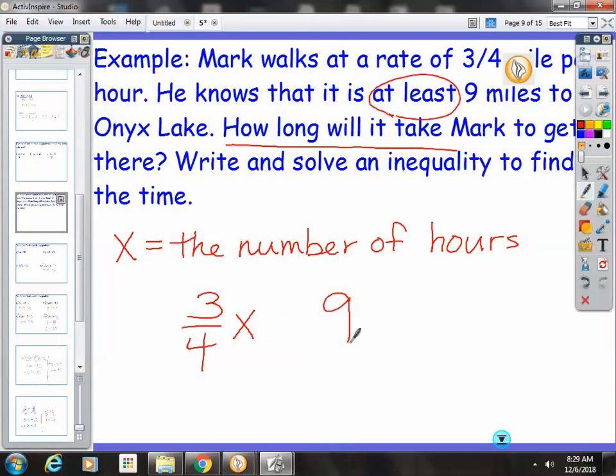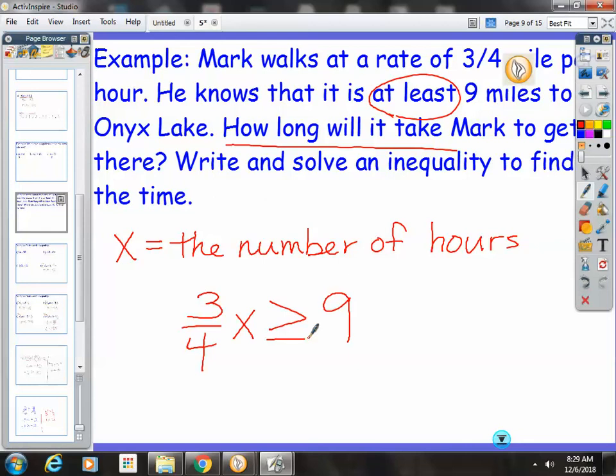How can I show at least? Now we solve this inequality to figure out how many hours it's going to take.